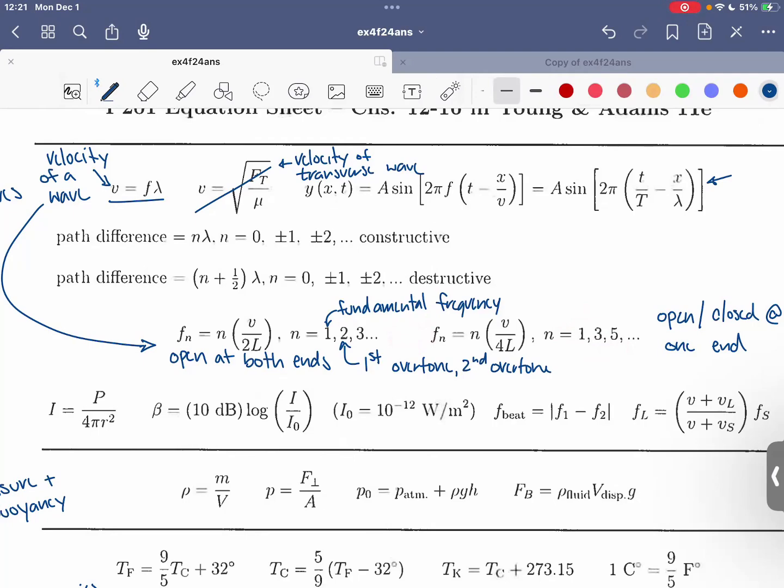And so we also have here path difference for constructive and destructive. And these are for in-phase waves. Okay. Those will make more sense if you see it in a question.